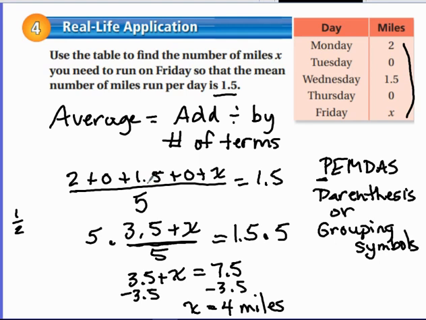It's exactly what we needed. Day 4, we didn't run at all. So here we were missing a mile. Here we're missing 1.5 miles. So that's 2.5 miles so far. Plus then Friday, we need another 1.5 miles. So 2.5 plus another 1.5 equals 4 miles. So this does make sense, yes.